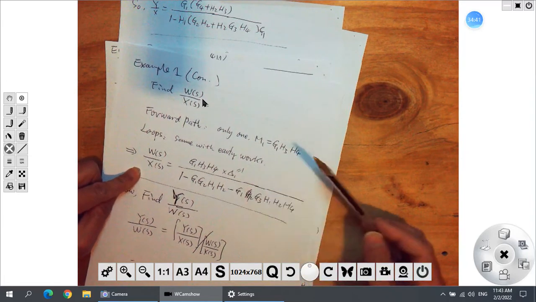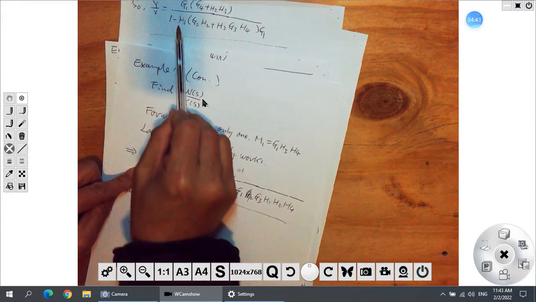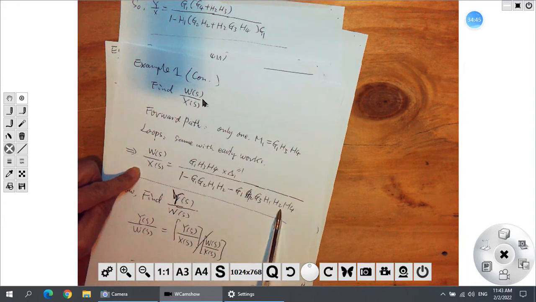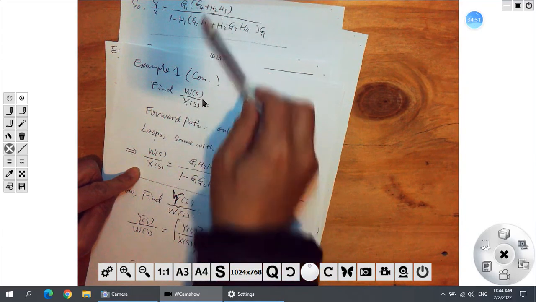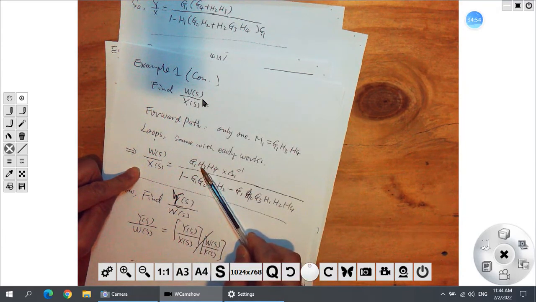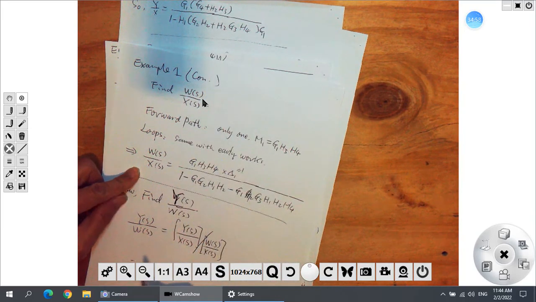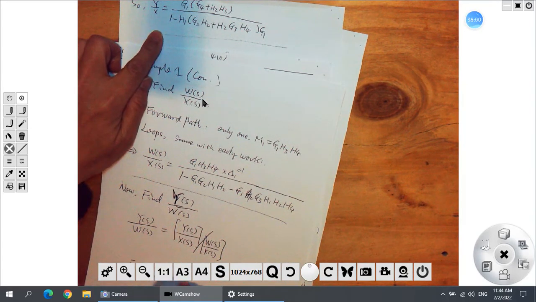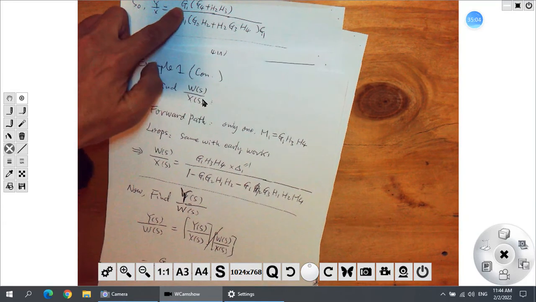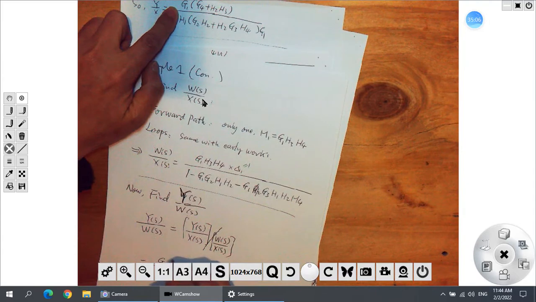You know they have the same denominator, so the denominators will be cancelled. We only have this numerator and this numerator. Which will be on the top? This will be on top and this will be on the bottom. So the numerator of y over x is G1 times G4 plus H2 H3.